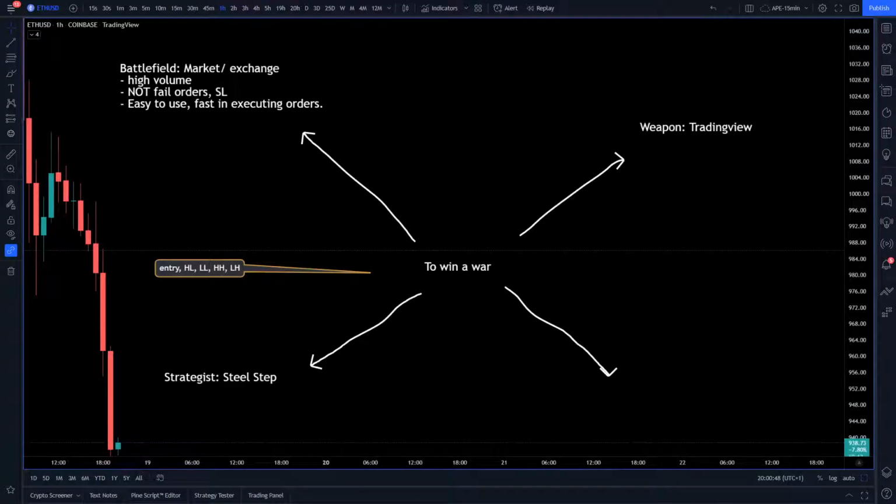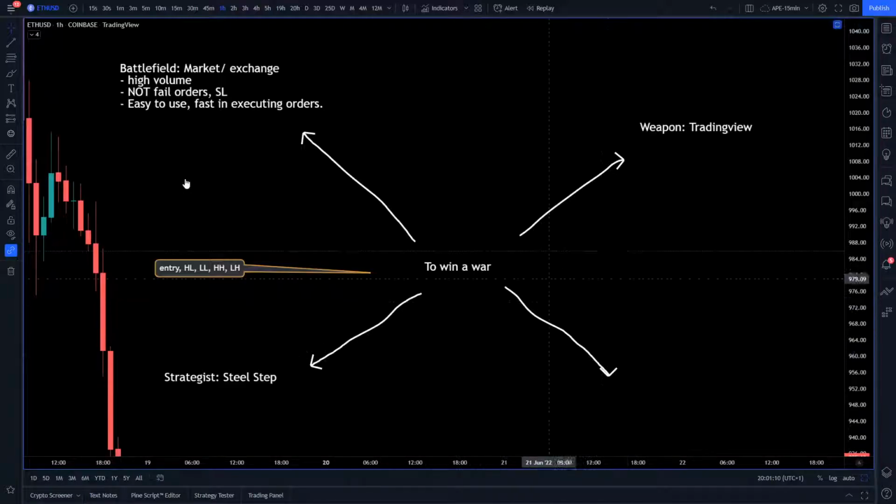And StillStep also has built-in risk management, which means it tells you where to set your stop loss and how much profit you can expect to gain. And if you can't gain any profit, obviously you don't enter the trade.